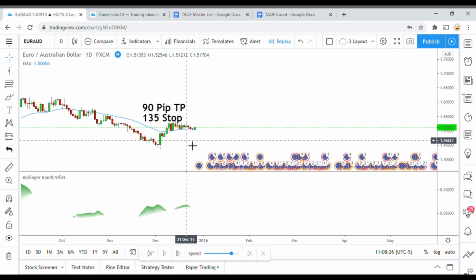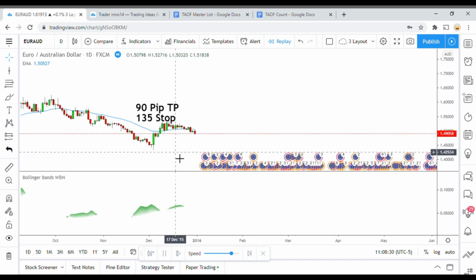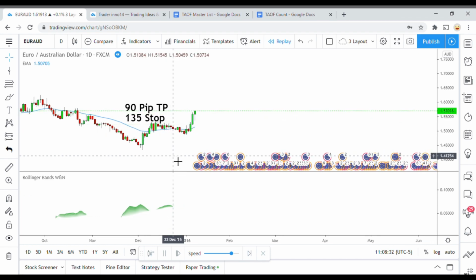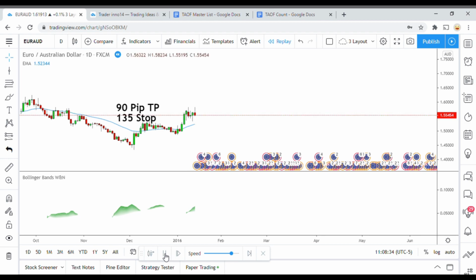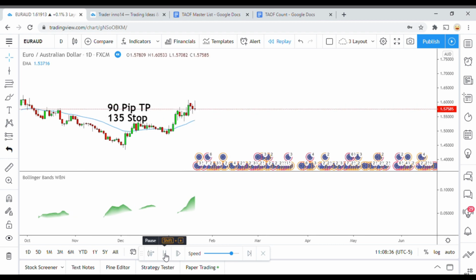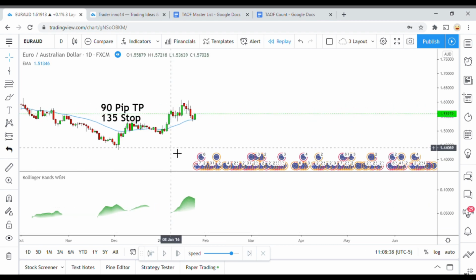So that's how we're going to be testing it today. Let's get on with it and see what we can get out of this style of trading.